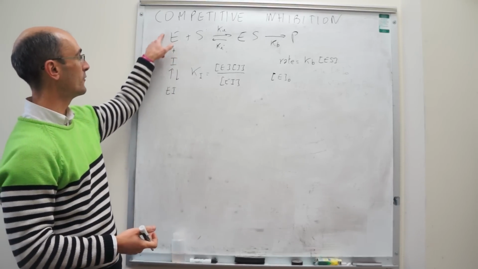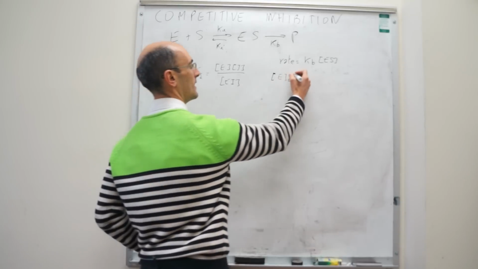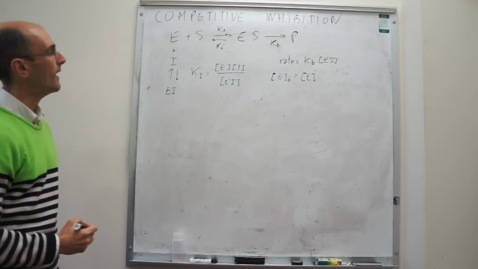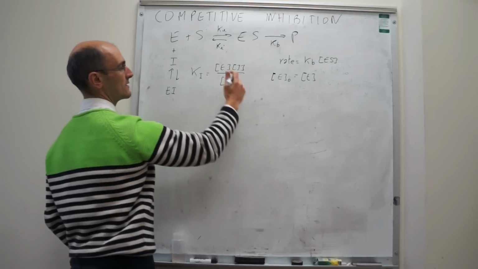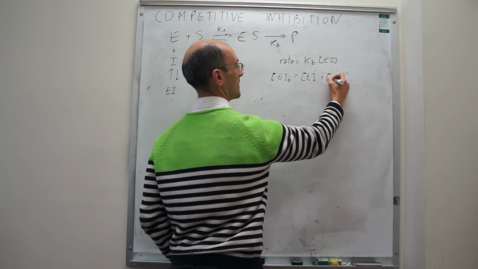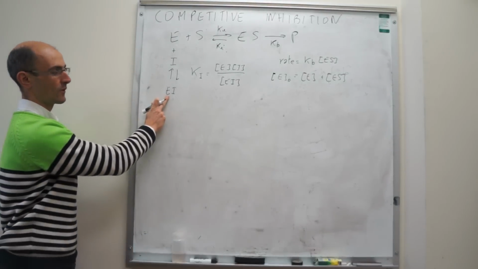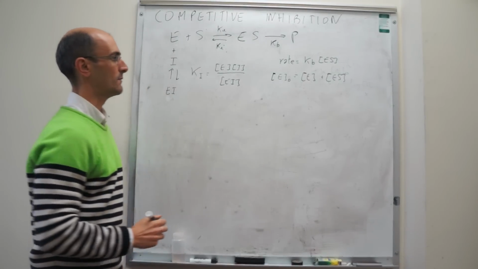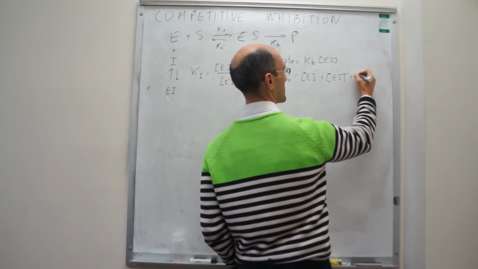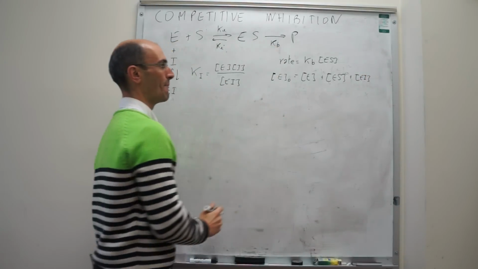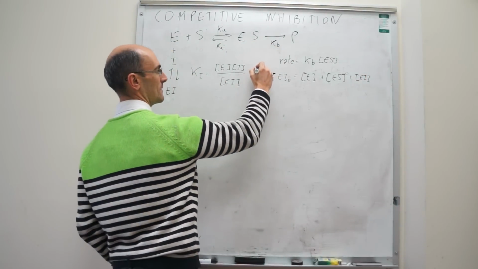You can have free enzyme, that will be this concentration of enzyme. Then you can have the enzyme bound to the substrate, concentration of ES, and then you can have the enzyme sequestered with the inhibitor in the enzyme inhibitor complex, EI. Alright, so this is what we call the mass balance equation of the enzyme.